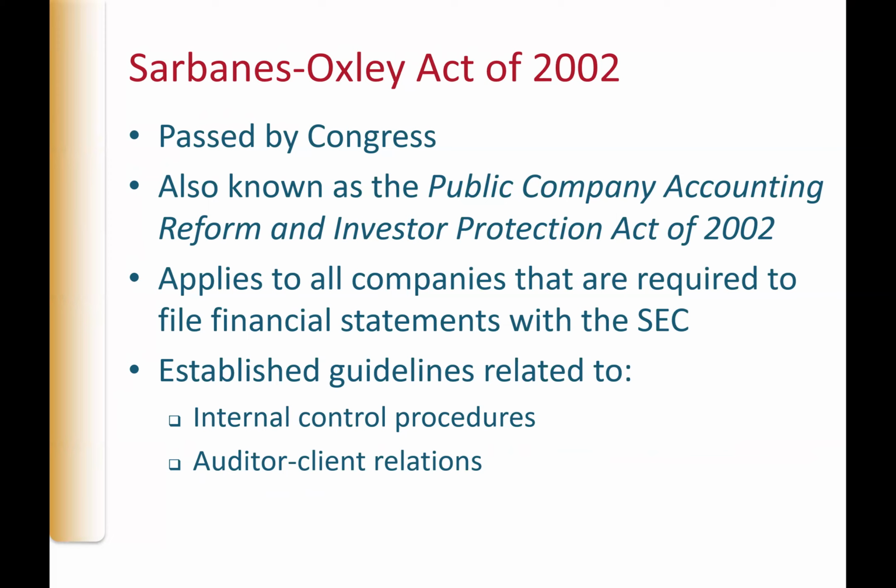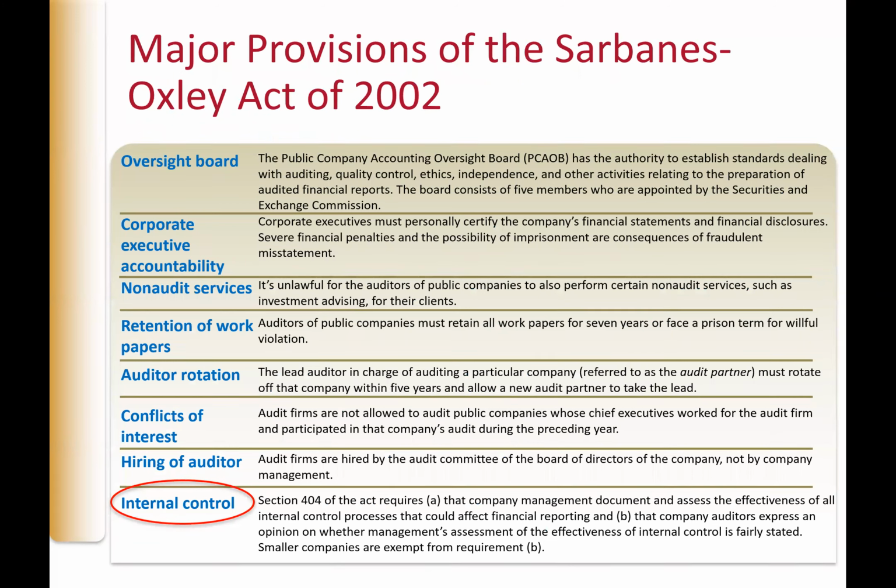And it provided information regarding how they need to test for internal controls, and how the auditor needs to report on their internal controls. It also tightened up the relationship between the client and the auditor. So there was a lot that went into play with the SOX Act, Sarbanes-Oxley, we call it SOX Act.